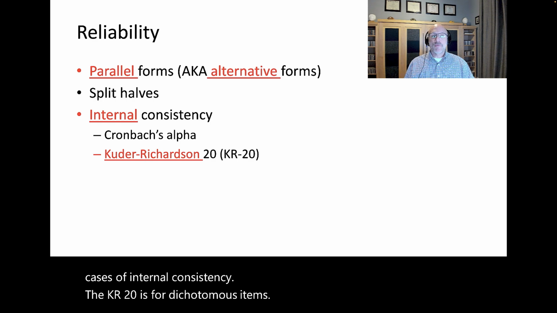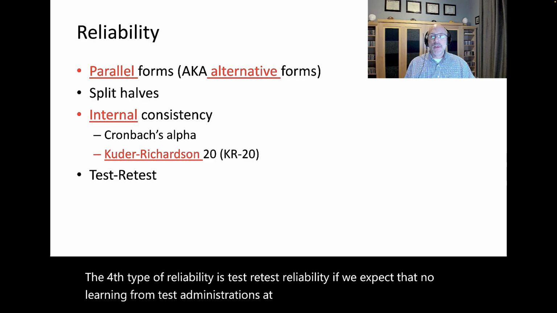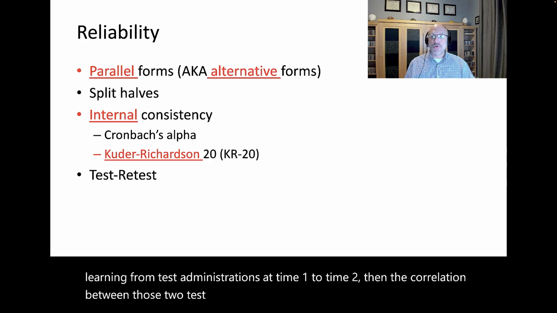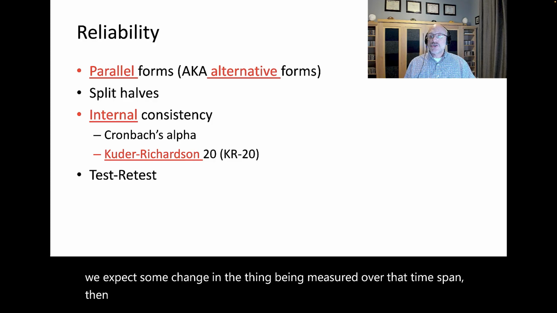The fourth type of reliability is test-retest reliability. If we expect no learning from test administrations at time 1 to time 2, then the correlation between those two test scores should be very, very strong and positive. If we expect some change in the thing being measured over that time span, then the correlation should not be so strong and positive.